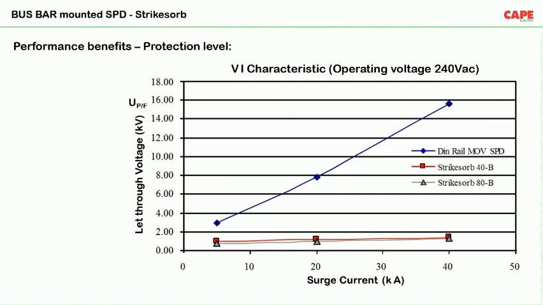For example, at a given kiloampere surge current, UPF is around 16 kV. Whereas in bus bar mounted SPDs, there is only a very slight increase in UPF. Even for 40 kiloamps of surge current, UPF is less than 2 kV. So in terms of reliability and voltage protection level, bus bar mounted SPDs provide very good performance.